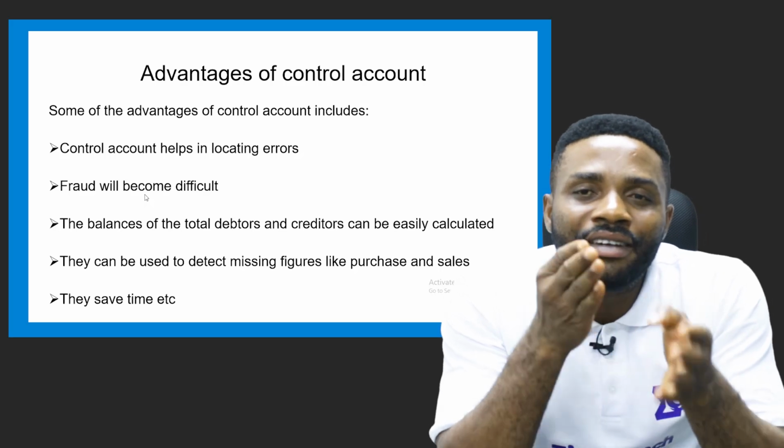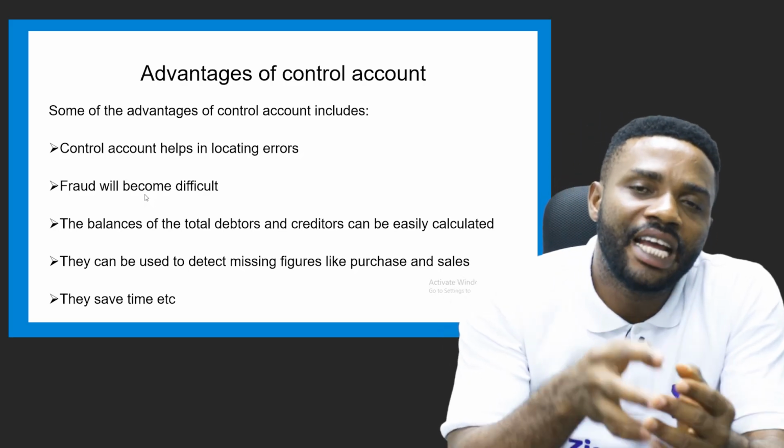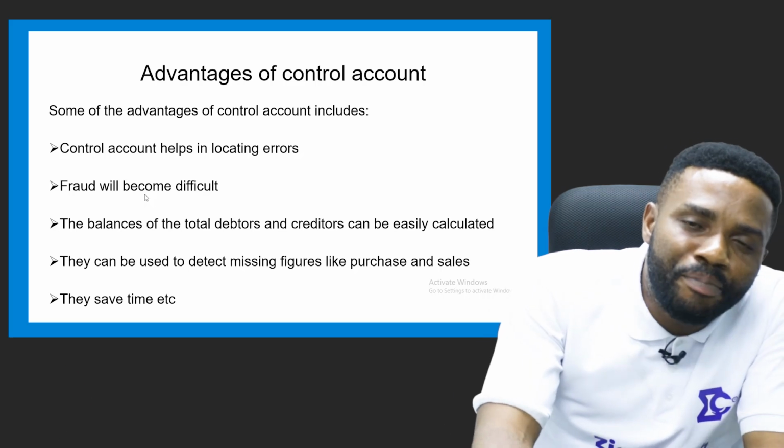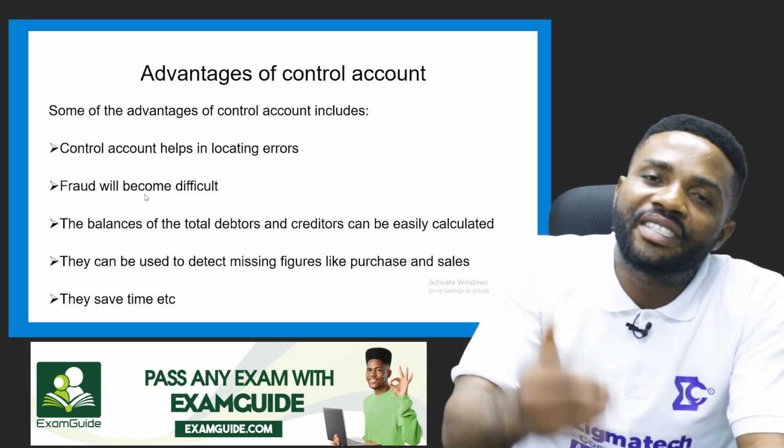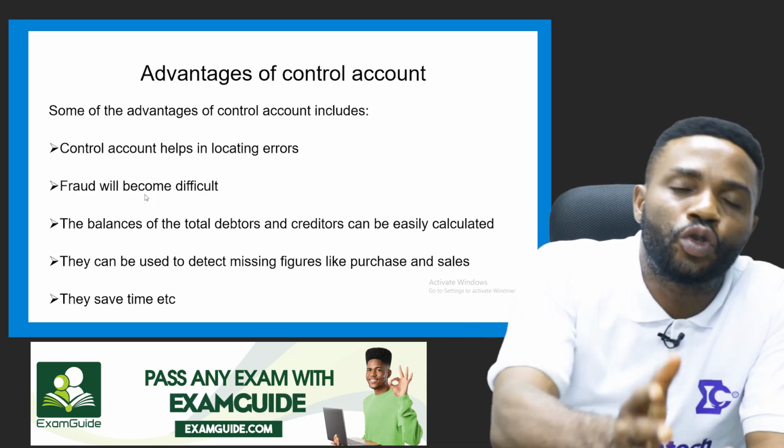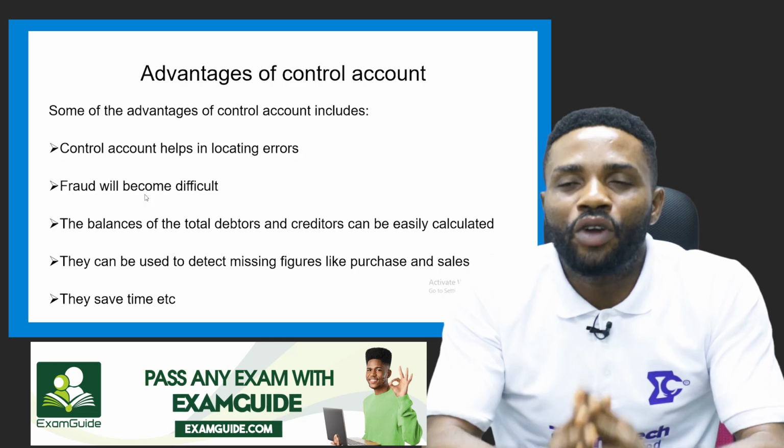By the time you do that, the time that you would have spent trying to identify people who are owing you and people who you are owing from the subsidiary book will be saved just by going through the control account.